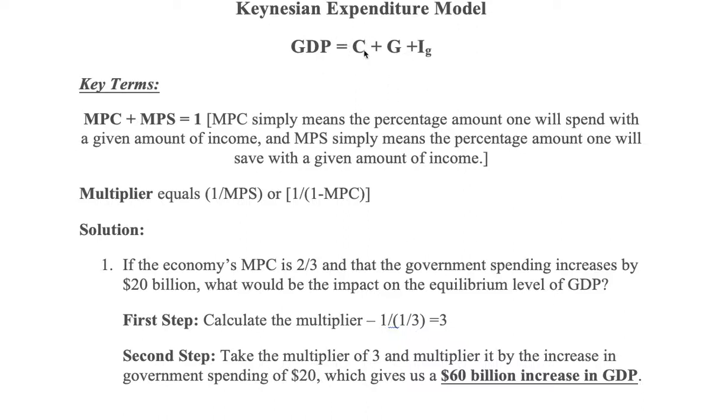Could be you. You're going to spend a certain percentage of that and save the rest. But the ultimate impact on GDP will be a multiplier, and that's why calculating the multiplier is critical. So here it's a $60 billion increase.